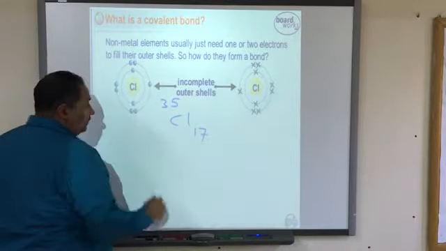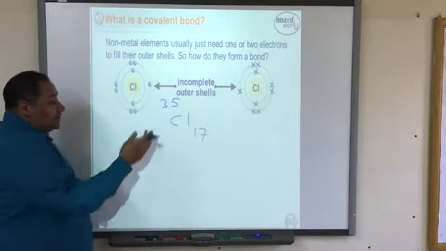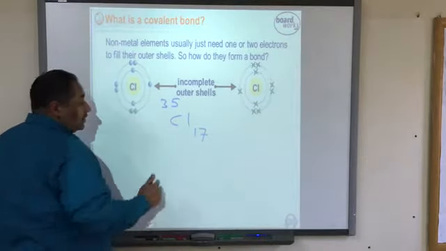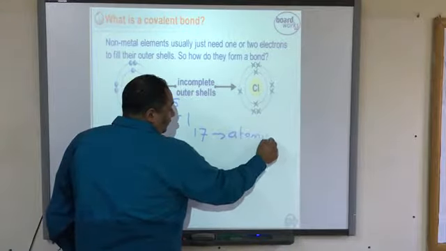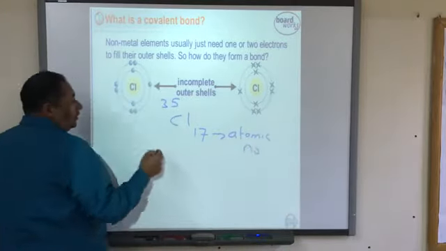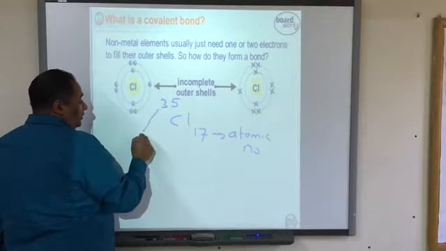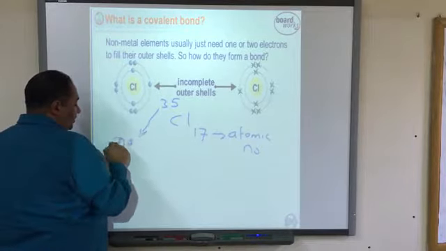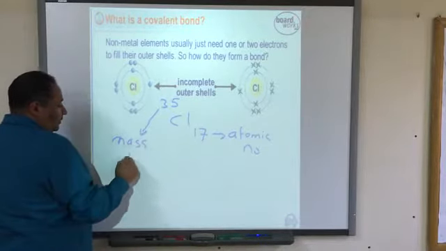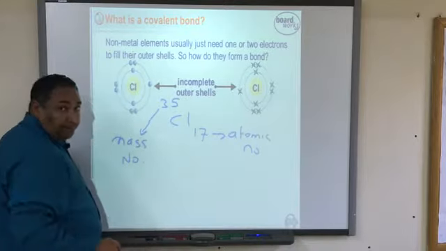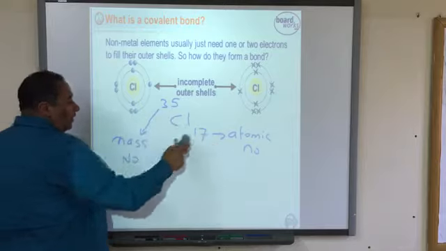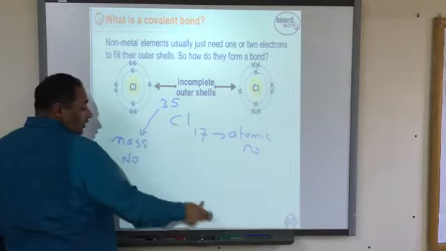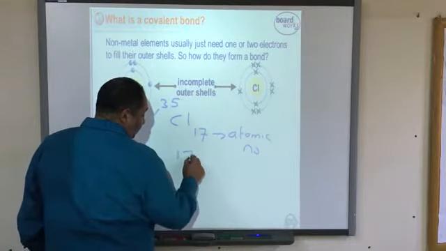You can check this in your formula sheet, the periodic table. This is the atomic number, and this is the mass number. From here, the atomic number 17 means chlorine has 17 electrons.